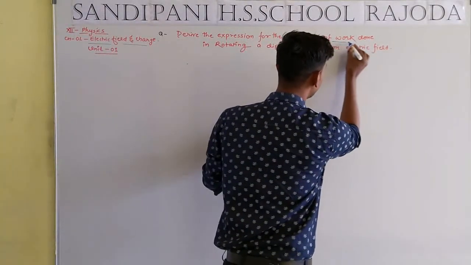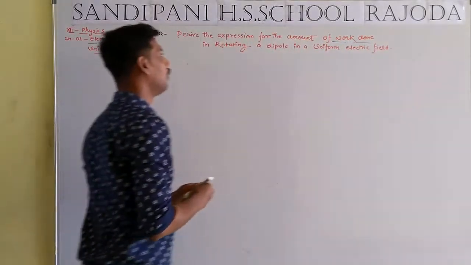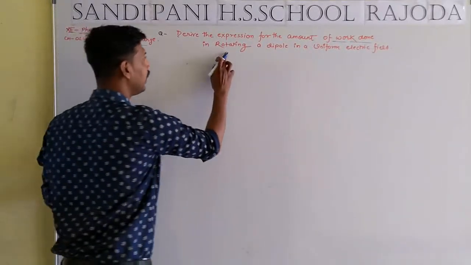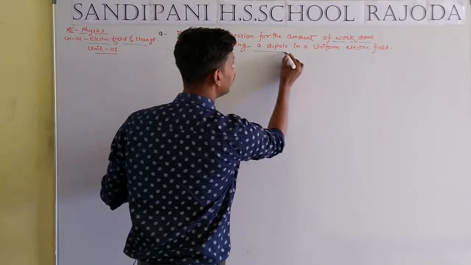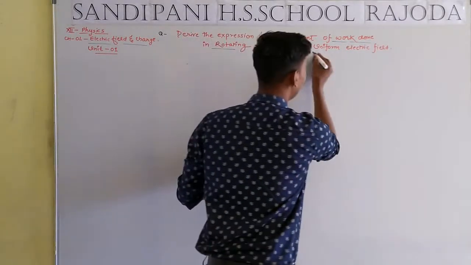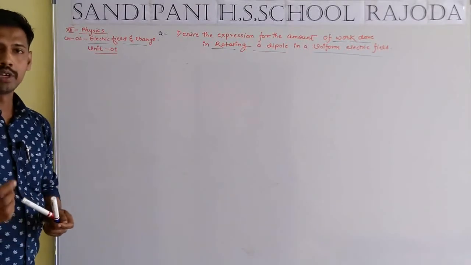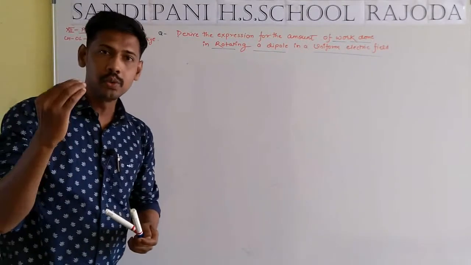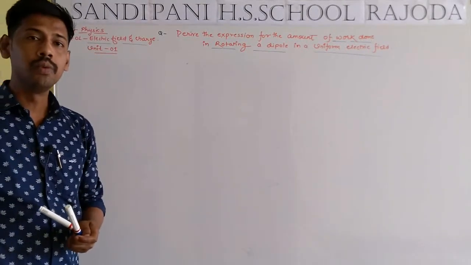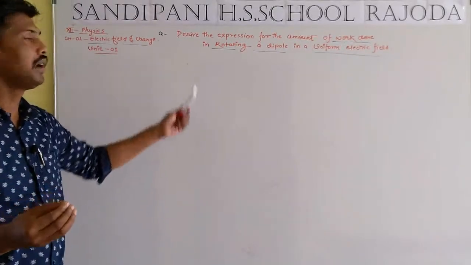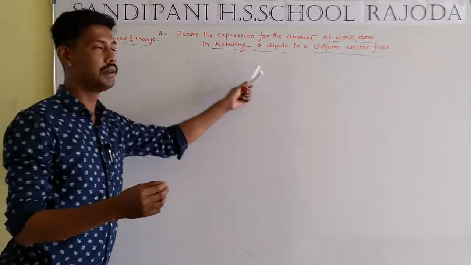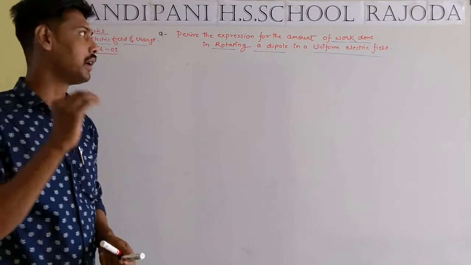Students, just focus on the words amount of work done in rotating a dipole in a uniform electric field. What is the demand of the question? Derive to determine total work done in rotating a dipole in a uniform electric field.